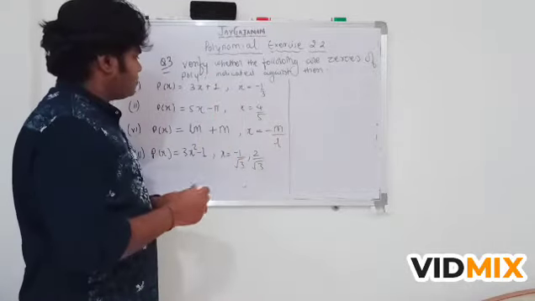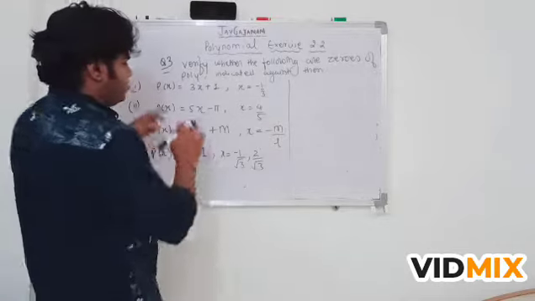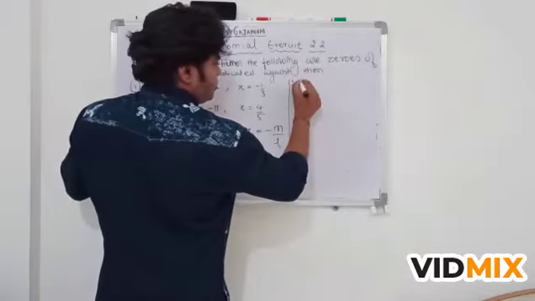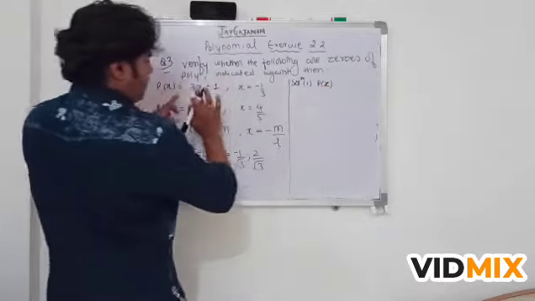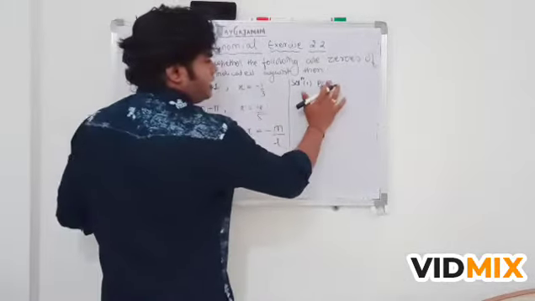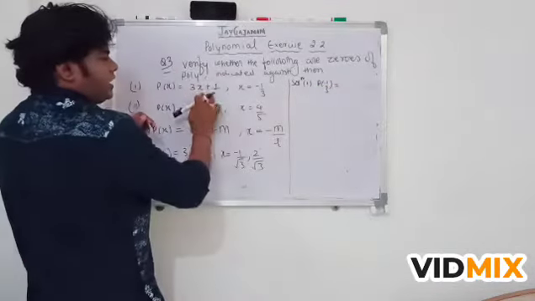So let us solve the very first question. I will not be writing the question, I will directly go for the solution. Solution for first: p of x, what is x? Minus 1 by 3. So I will take p of minus 1 by 3 is equal to 3x plus 1.